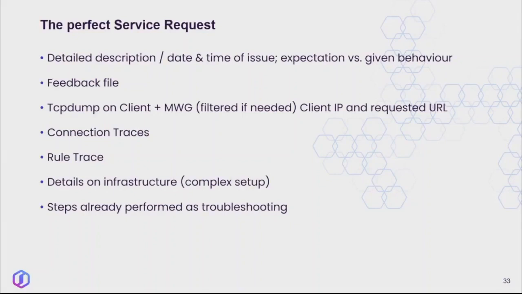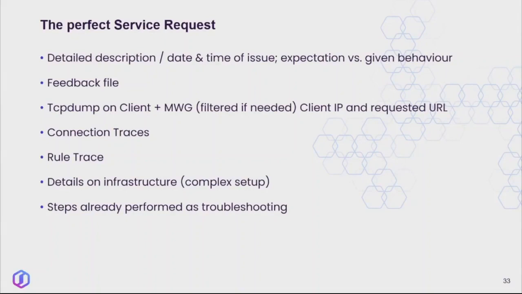A TCP dump, client plus MWG. We do get a lot of TCP dumps that are filtered by the client, but the issue is between MWG and the destination. Again, it comes back to those discussions on the slides where we're creating the filters between client, web gateway, and destination.